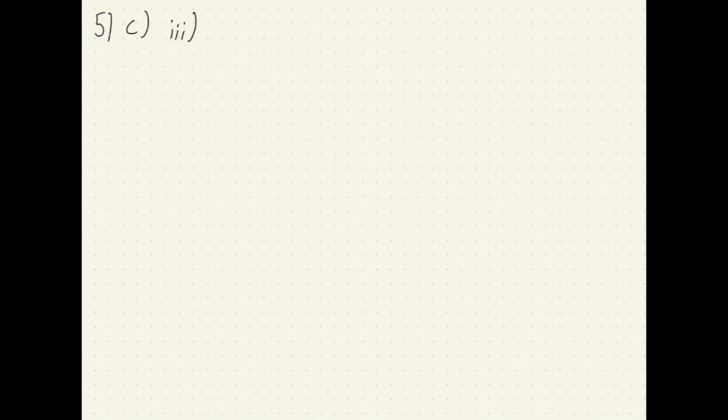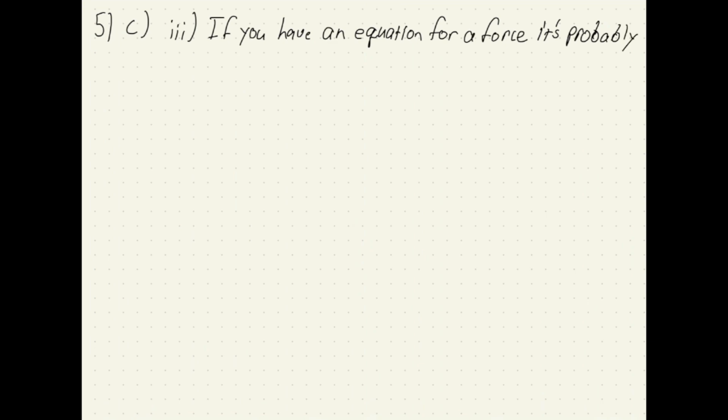And so a lot of times that means that we have an equation for that force. So if you have an equation for a force, it's probably a conservative force.